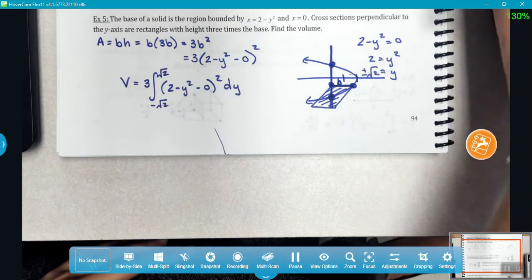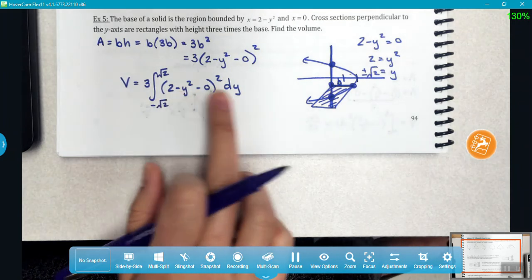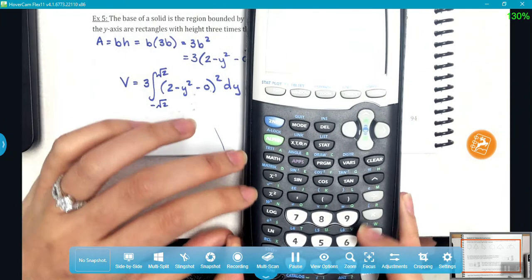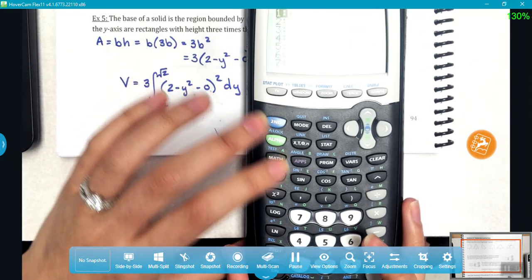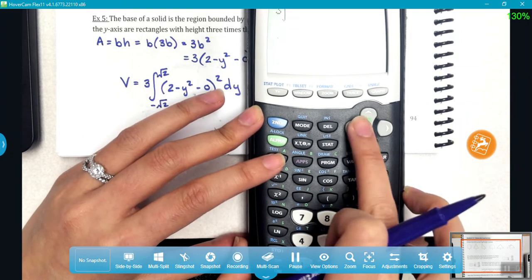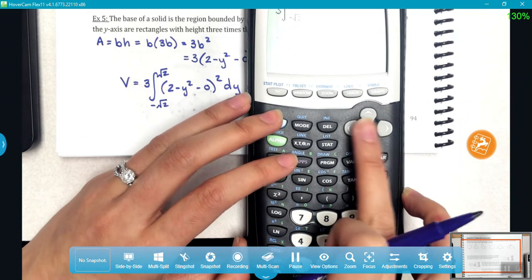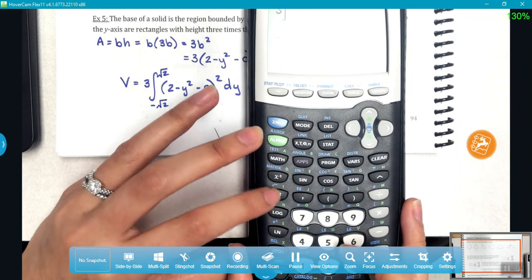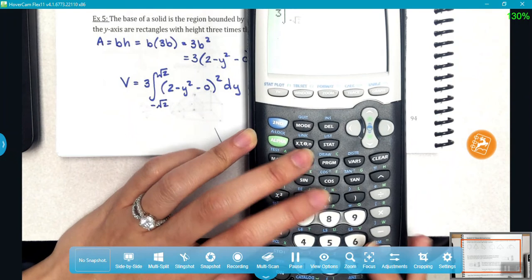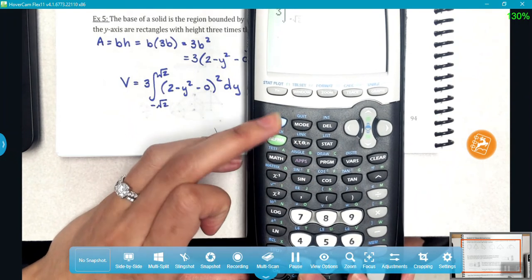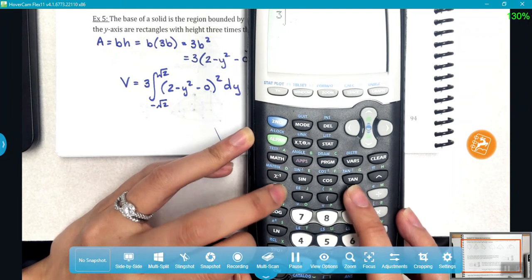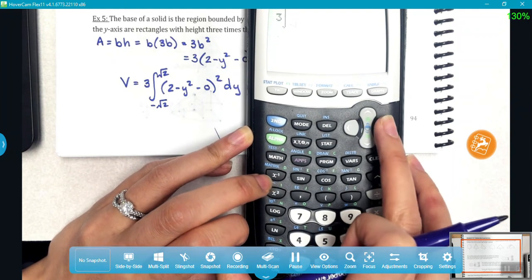And then since this is in terms of y, remember I said you can change them all into x's and plug them into y1 and y2, or you can just integrate with the y values, but then just remember to square it all.